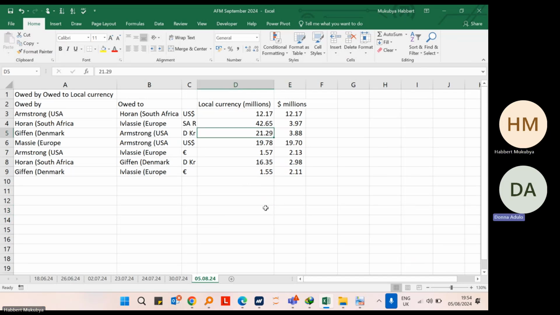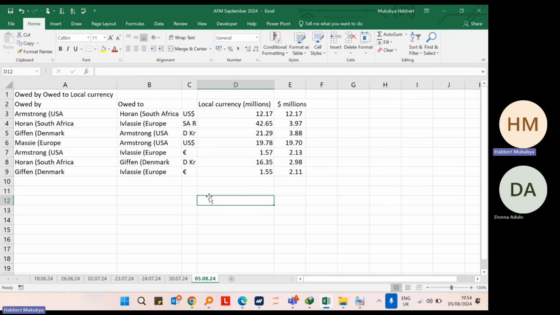No, the 16.35. Oh, okay. Because we understood the first one we did here. Yes, and because we already had the conversion of 1.8323, I just put it here because it's the same currency. So I copied this formula to this cell. Okay.